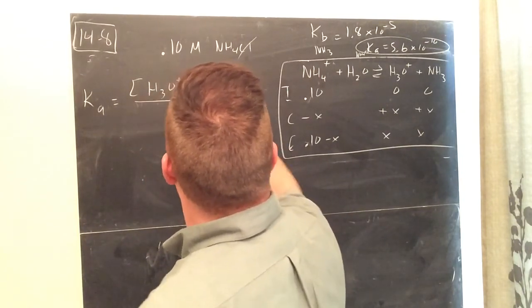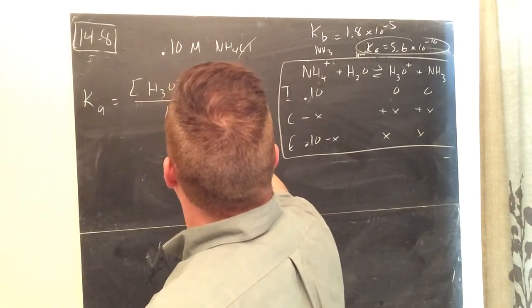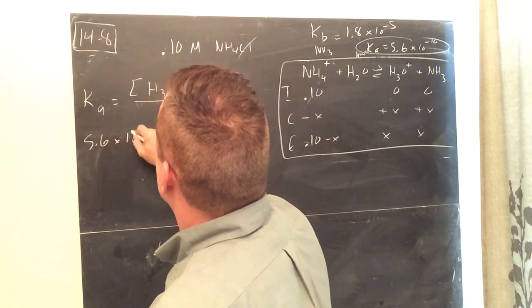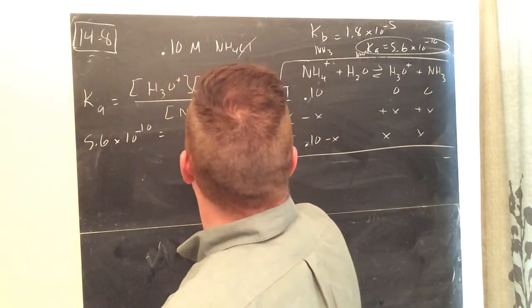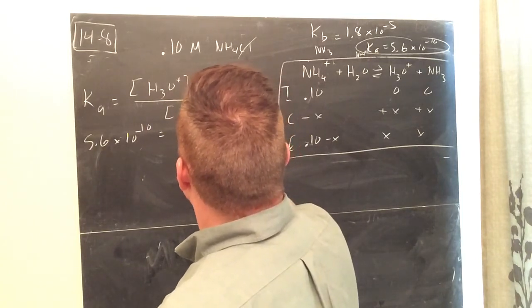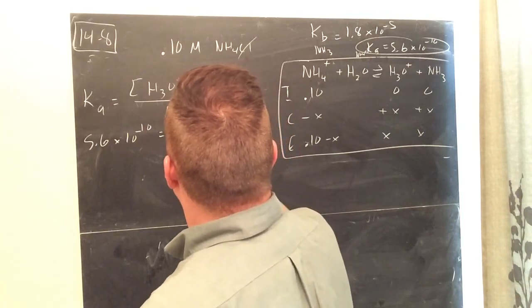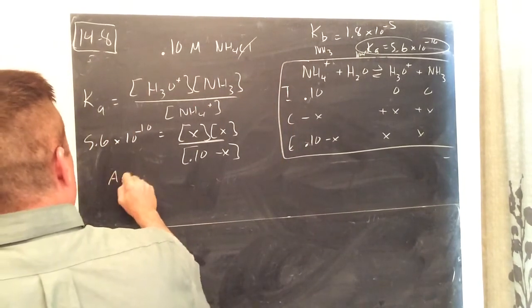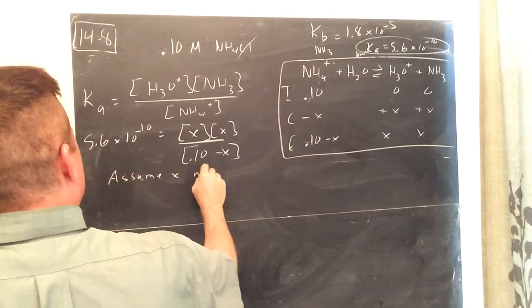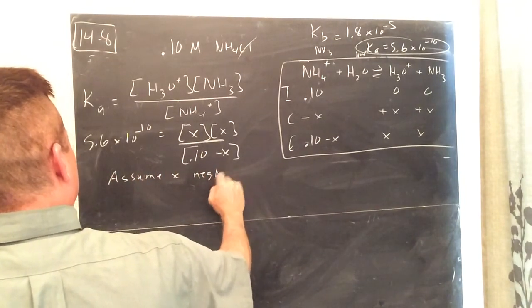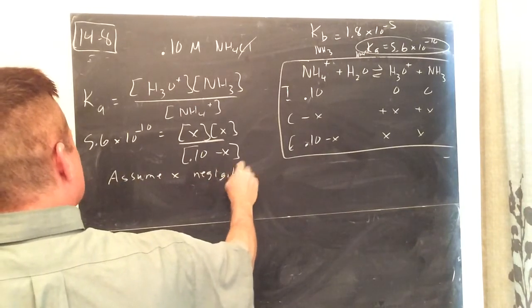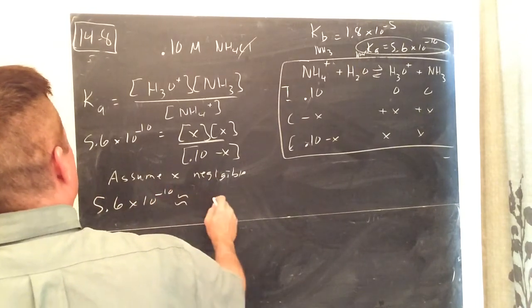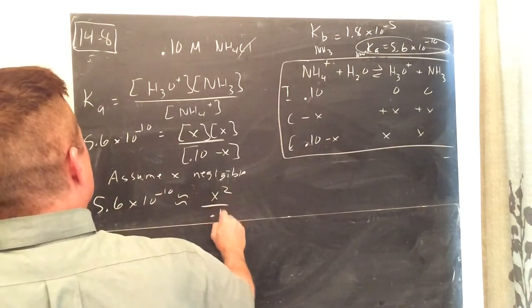times NH3 over NH4 plus, and that Ka is 5.6 times 10 to the negative 10, equal to X over 0.10 minus X. Seems like it's always the same problem, isn't it? So assume X is negligible, so it's approximately X squared over 0.10.